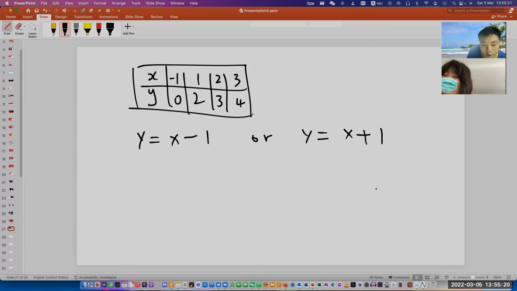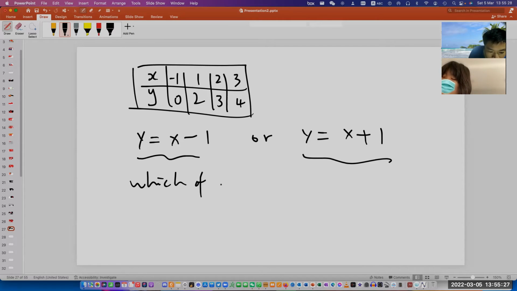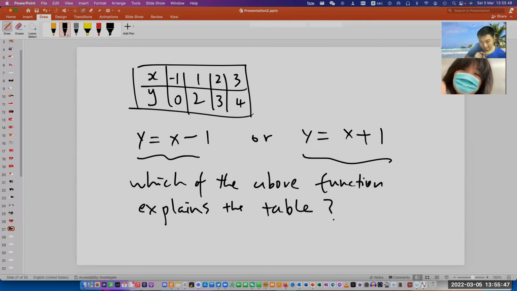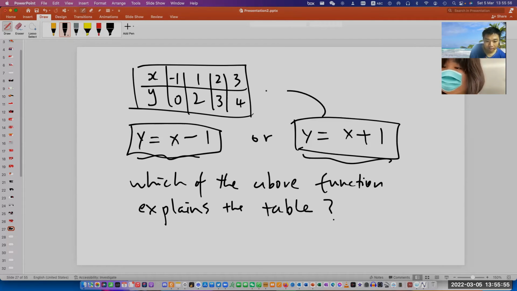So basically, I'm asking you, which of these equations or functions explains the table? How do you do this question? Or both? So which explains the table?